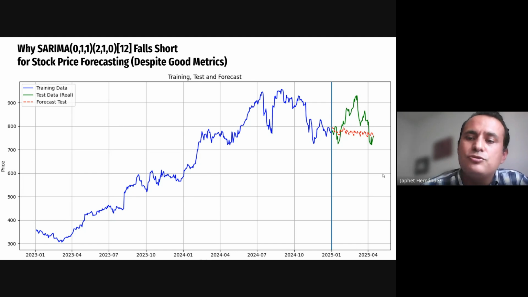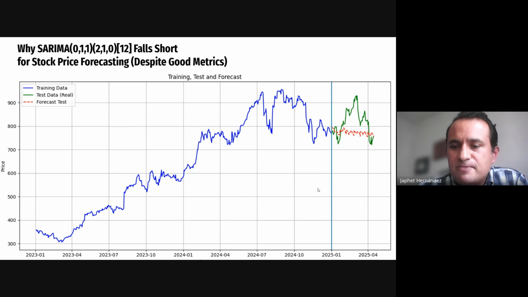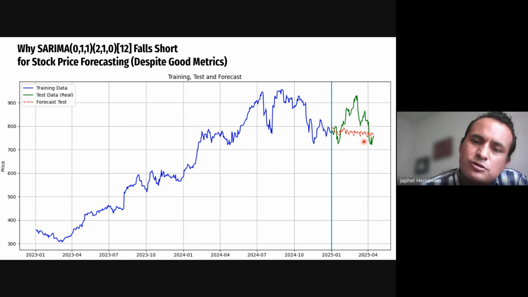So markets react to events; the principle of a black swan event is that if an event has not happened yet, it doesn't mean that it won't happen. So pretty much that recalls COVID in 2020, for instance. So, long story made short, the forecast from SARIMA falls short in the prediction.